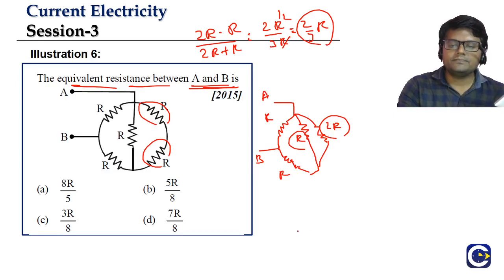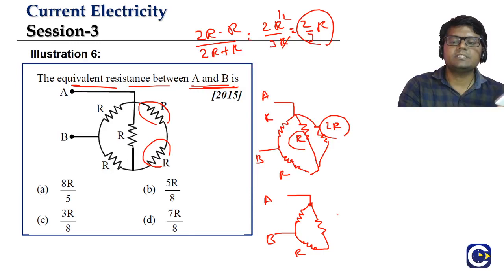Now look at it. I will have this resistance as it is. Then there is the point A, and here there is a point B. Here I will have my resistance as it is, R. This R and 2R is now replaced by one single value, 2 by 3R.